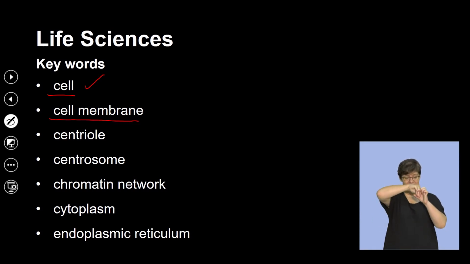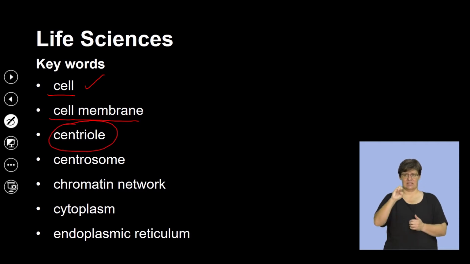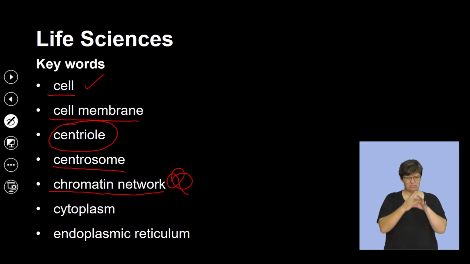We're going to look at the structure of a centriole as being an organelle, a smaller part in a cell. We're going to look at centrosomes as being structures. A very important part is the chromatin network, the thread-like structures found inside the nucleus, which we refer to as the blueprint of the cell. We're going to look at those.